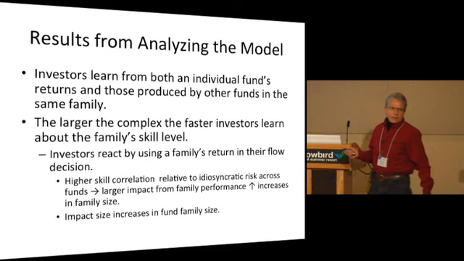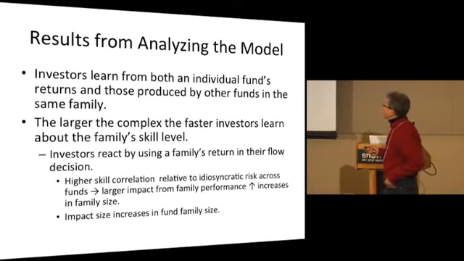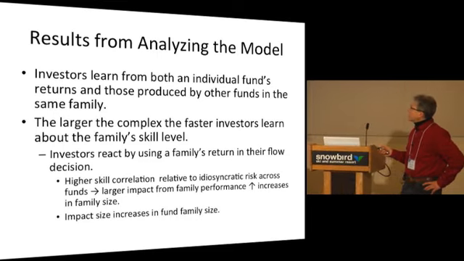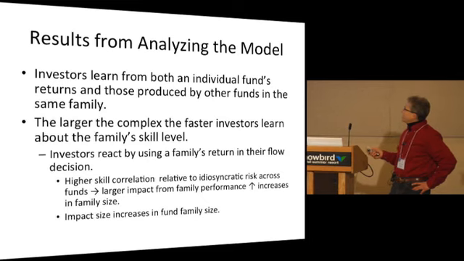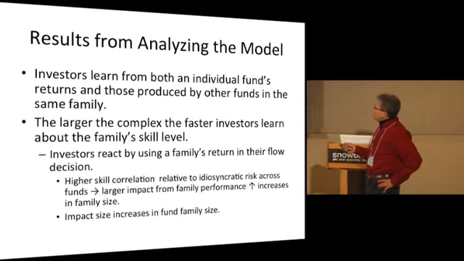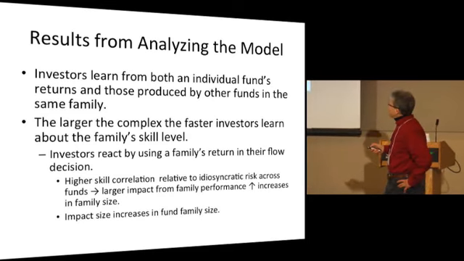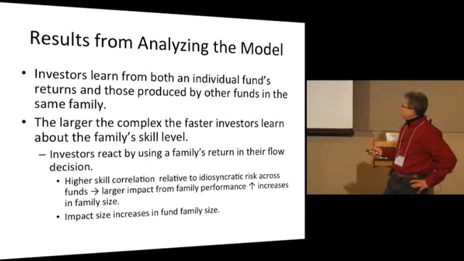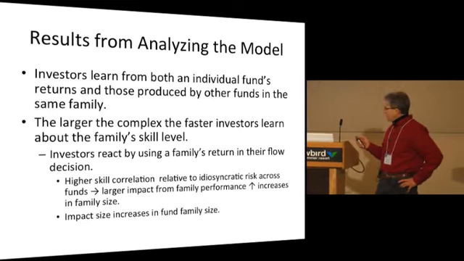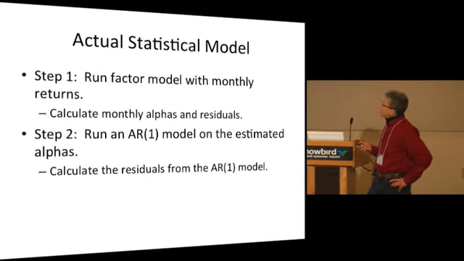The interesting thing I think that they do find is the size-related things, which aren't quite as intuitive, which is the larger the complex, the faster investors learn about a family's skill level, and investors react by using the family's returns in their flow decisions. So this is all, I think, a pretty interesting direct result out of the model. And the impact increases for these things as the fund size gets bigger.